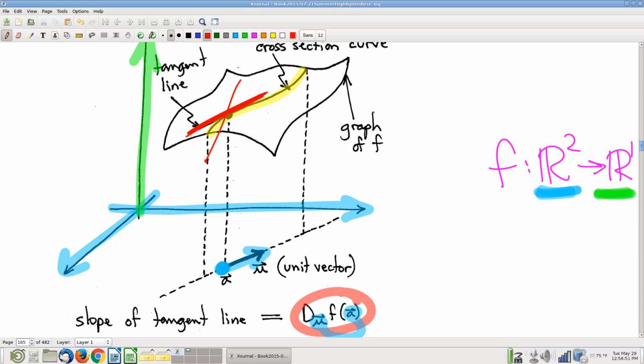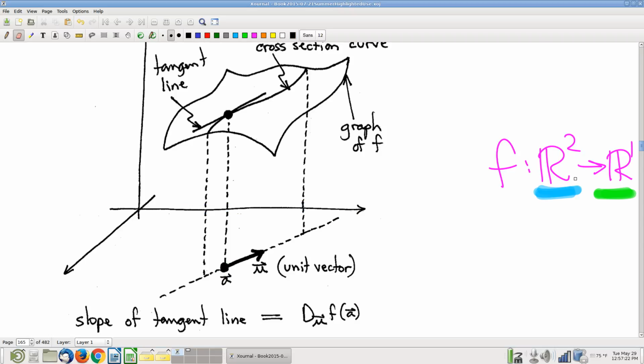Specifically, it's the tangent line that comes from the vertical plane that's defined by the direction you're actually going. That's it. Very familiar, right? This really smacks of single variable calculus derivatives. Everybody on board? Questions? Okay. All right.